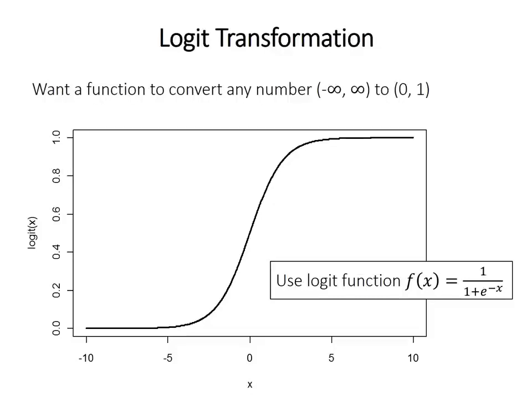And so one way is to use a function to transform the numbers from the range between minus infinity and positive infinity to the new range of between 0 and 1. So a function is just an equation that maps numbers from one range, called a domain, to a different domain. So we're going to map numbers from the domain between minus infinity and positive infinity to the new domain between 0 and 1. And logistic regression uses a function called the logit function, which is this equation given here.